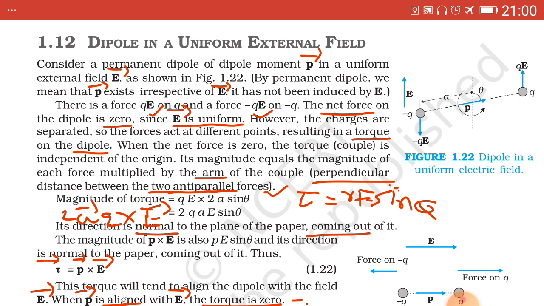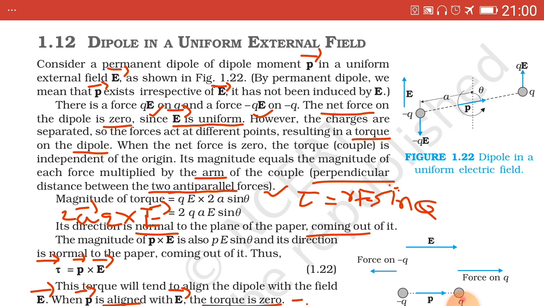Now, as shown in the figure, on the plus Q charge the electric force acting is QE in the upward direction, and on the minus Q charge it is minus QE in the downward direction.